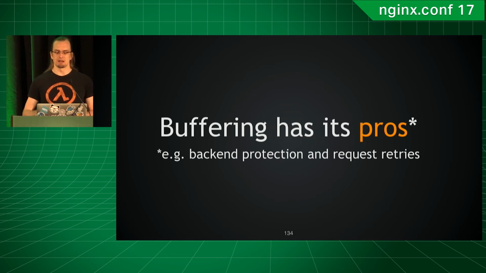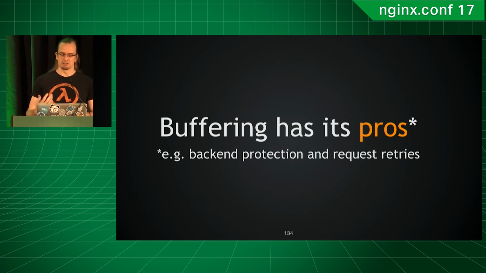For example, it has backend protection, which means if a client sends you data byte by byte, then NGINX won't hold the backend thread. It will get the full request and send it to the backend. On the response side, it's the same. If your client may be malicious, fetching one byte at a time from you, NGINX will buffer the response from your backend and free up that backend thread, which can do useful work.